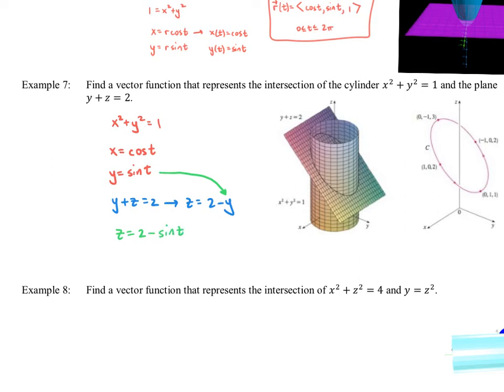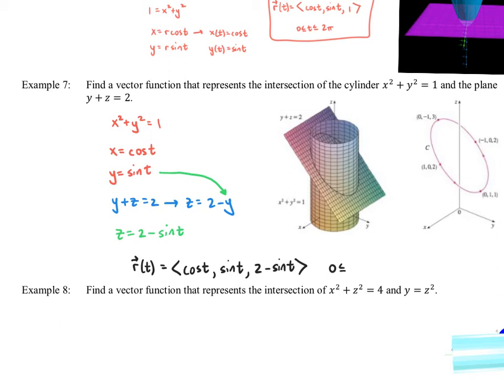In other words, we've come up with this relationship between both equations in such a way that we've defined them in terms of t. So our first component is cosine of t, and our second is sine of t, and our third is 2 minus sine of t. And that would produce this particular curve of intersection.